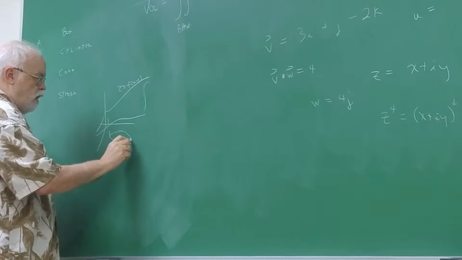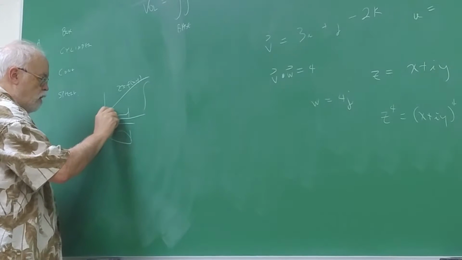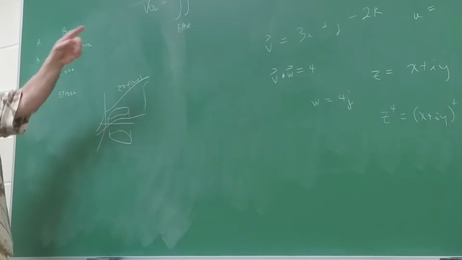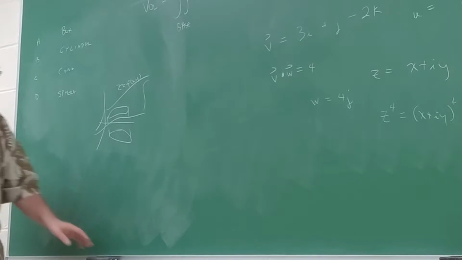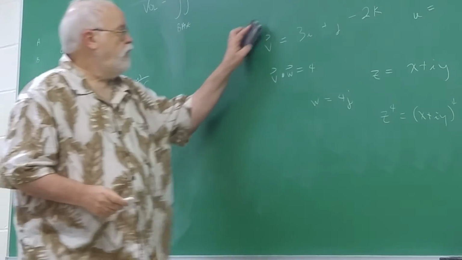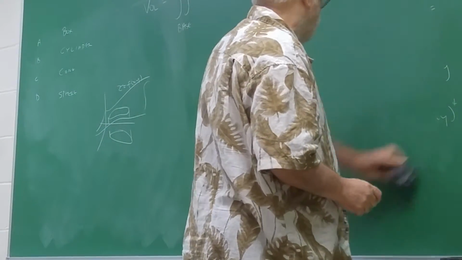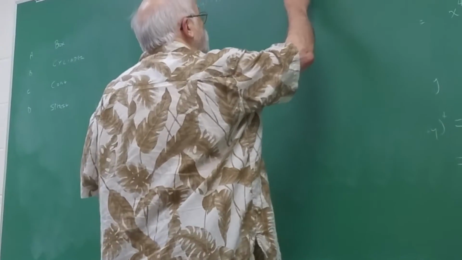Just erect walls on there, and the volume of that solid is given by that integral. Each of these I can think of as volume under a surface. I might have to stretch it a little bit, but anyway.